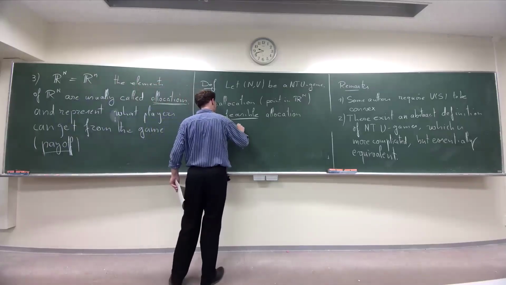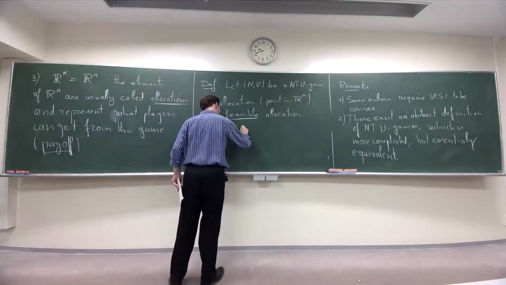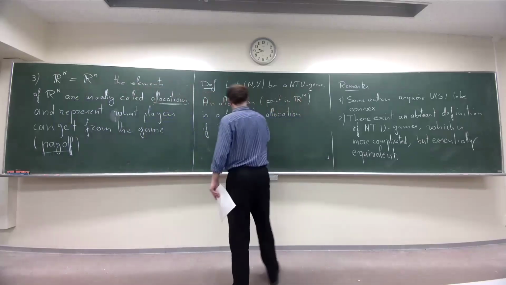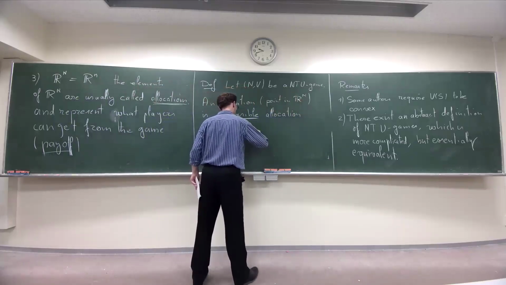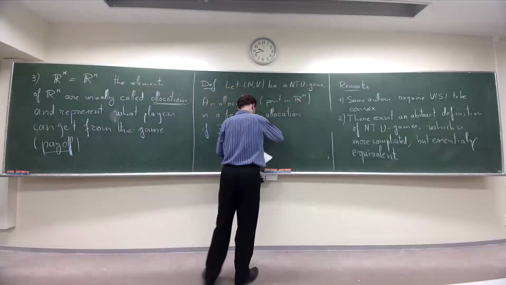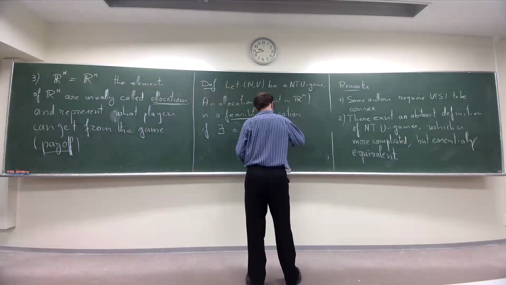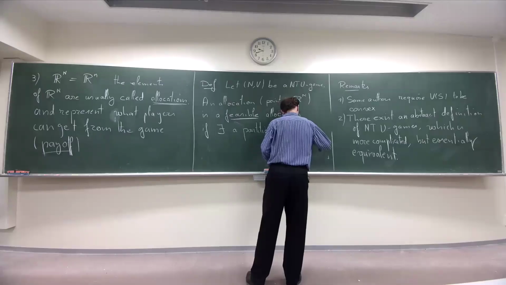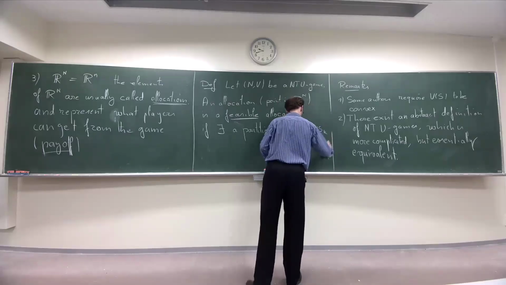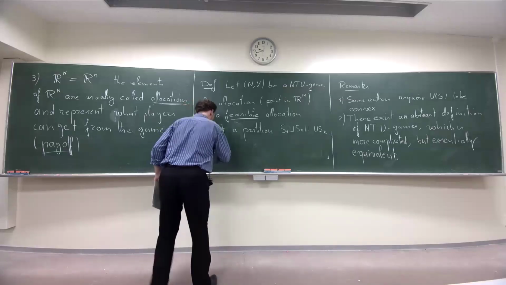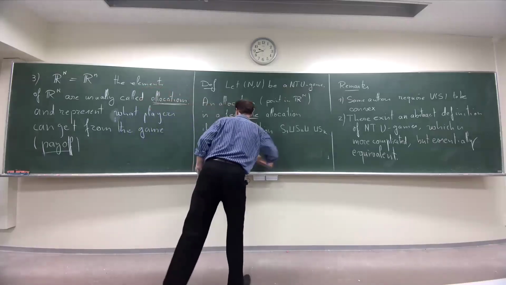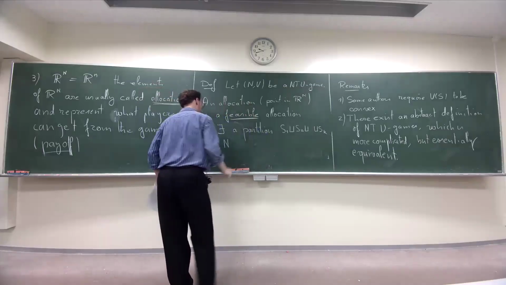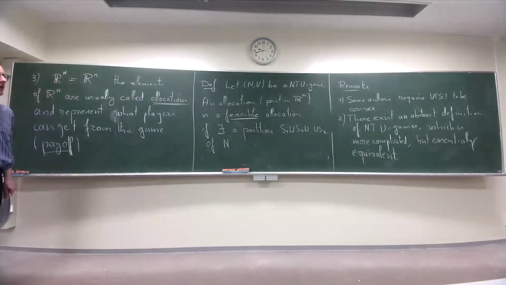there exists, so be careful, there exists a partition, which I'm going to write S1, S2 up to SK, of N. So it means you subdivide N into K subsets and they don't intersect.